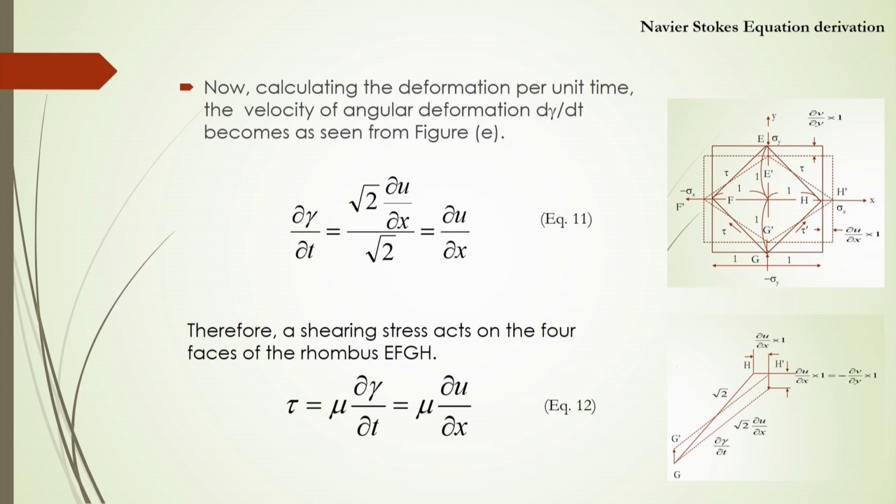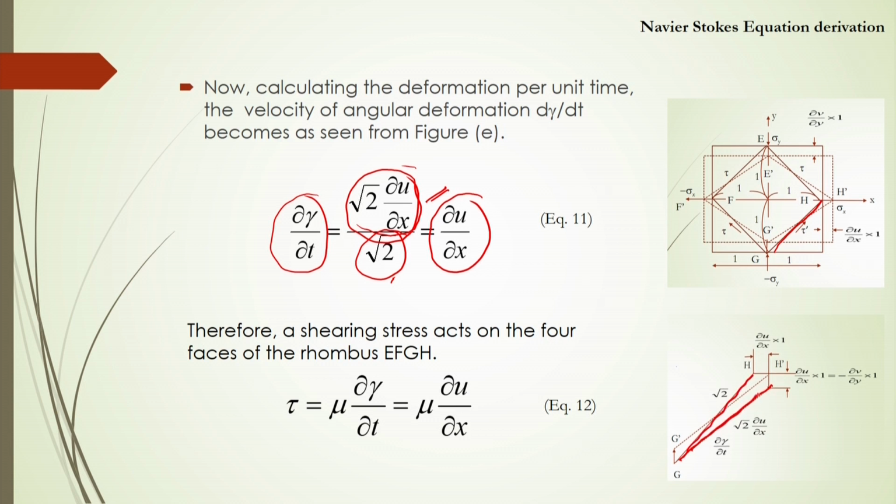Now, in this case, calculating this deformation per unit time, the velocity of angular deformation, that means dγ/dt, will become root 2 ∂u/∂x divided by root 2. Finally, you can get ∂u/∂x. In this direction, the value is root 2 into ∂u/∂x, and here this is your root 2.